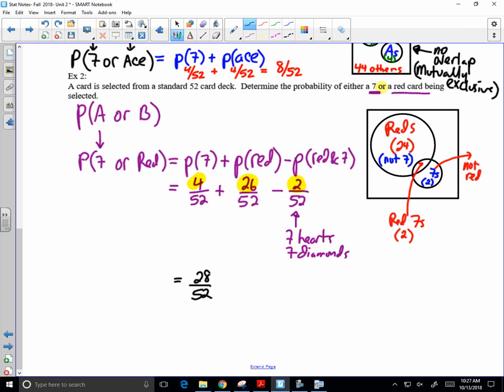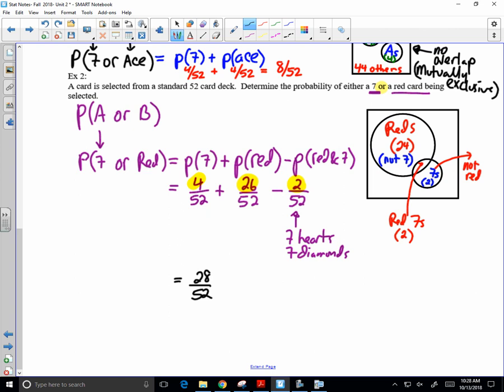Overlap means that whatever the event is, whatever the object is, it can embody characteristics of both scenarios. So in this case, you have 7 and red. Your question to yourself would be, can a card be both 7 and red at the same time? If the answer is yes, then you can't just simply add the two probabilities. You have to subtract something.